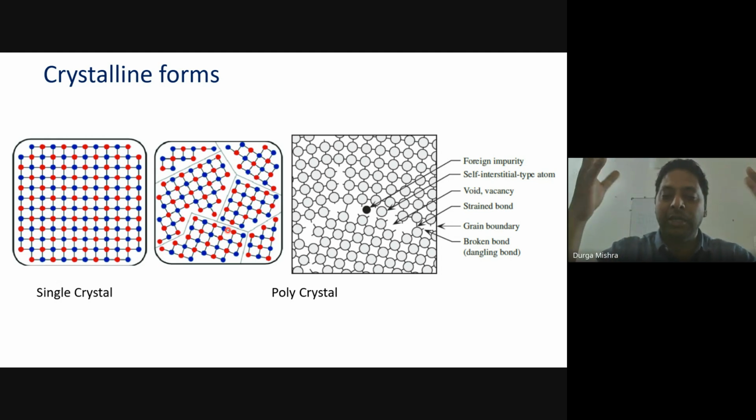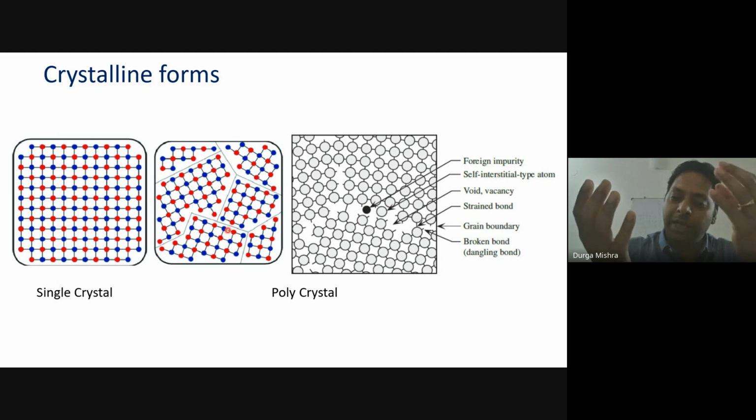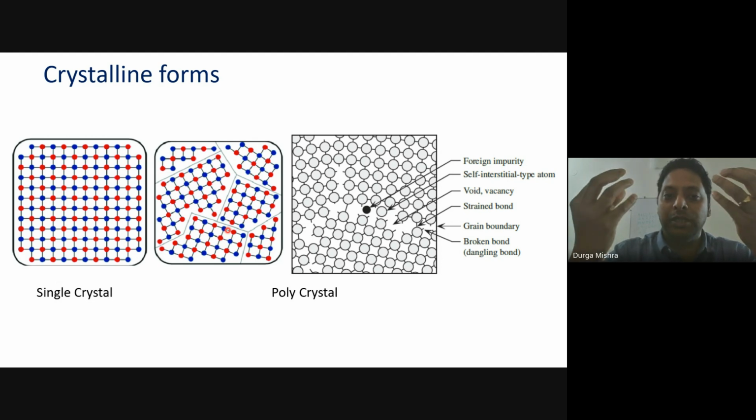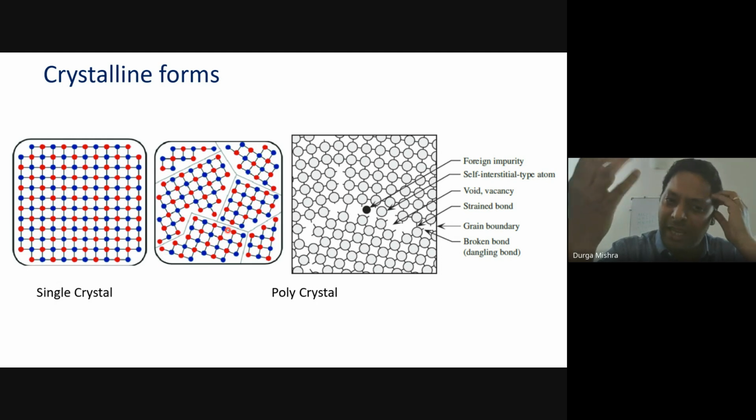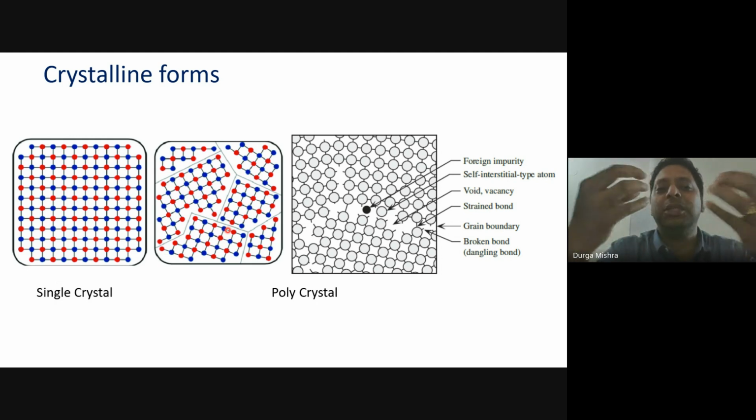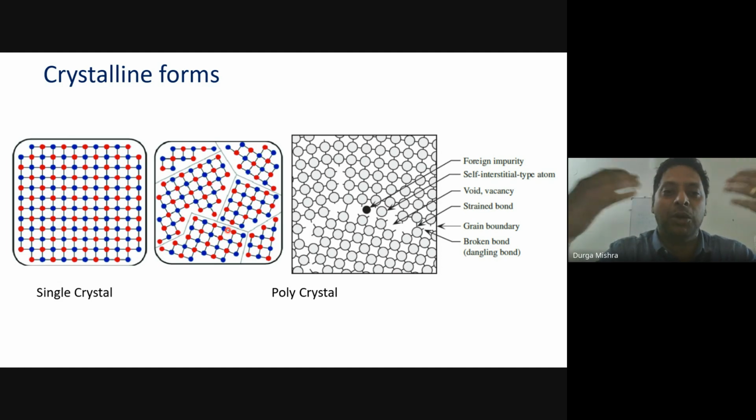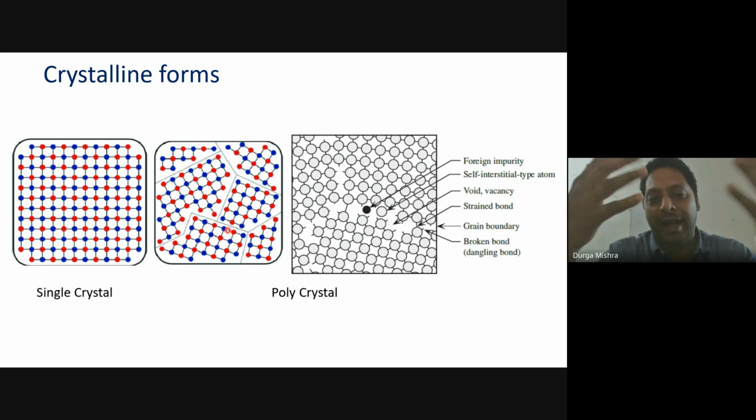When you are, let's say, condensing from a vapor phase or a liquid phase within a vessel, there will be different locations where this nucleation will happen, and those nuclei will be like one small crystal or one small unit cell. So the square you can think of as a unit cell. Now that unit cell will grow, and it will grow in any random direction, because the process is random.